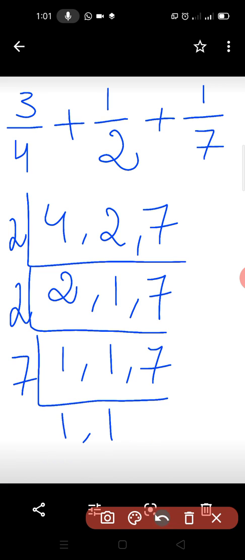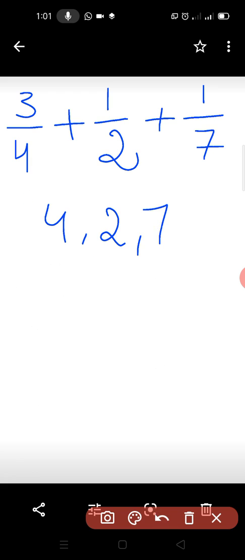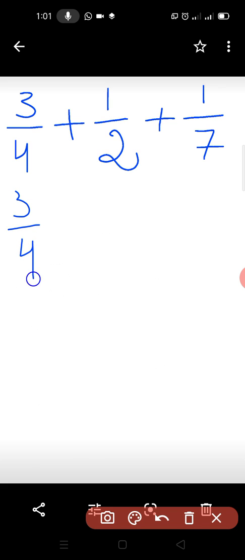Now remember, LCM is 28. Next we are going to convert each and every given fraction to a denominator equal to 28. So first take 3 by 4. What is the LCM? 28. So by how much do we have to multiply the denominator to get 28? 4 7s are 28.